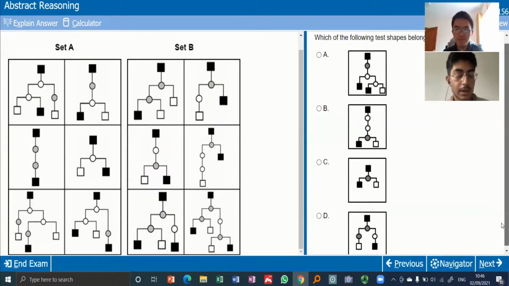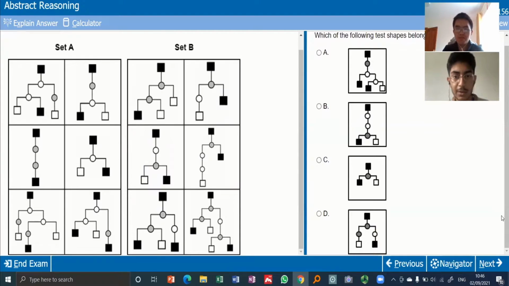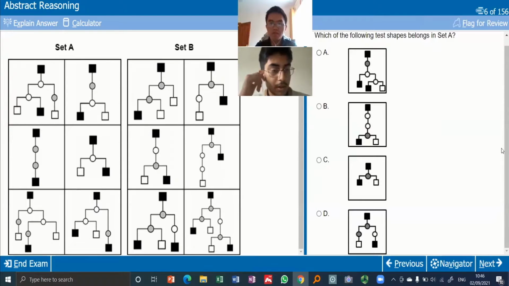Okay, so I'll have a go at doing another one of these set A, set B questions. So now that you've had a go, I'm looking at set A and set B to see what the differences are.